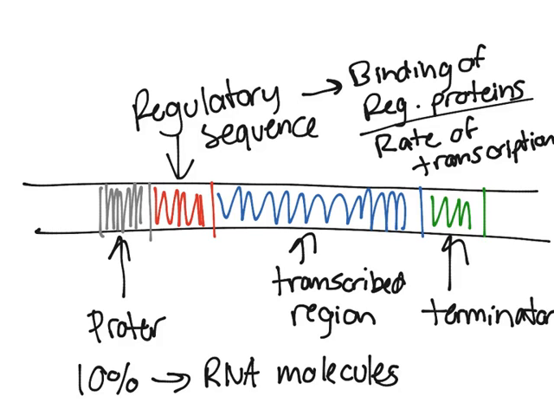Now let's get into how transcription occurs. First, the gene, the DNA, unzips, and the base pairs are exposed. This serves as a template for the mRNA. Essentially, the mRNA forms based off of one strand of DNA.